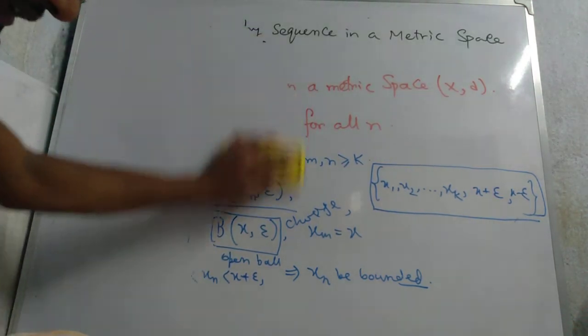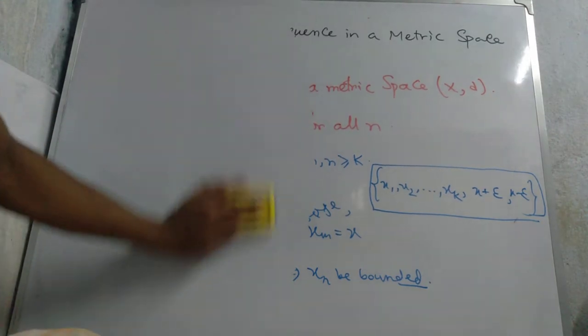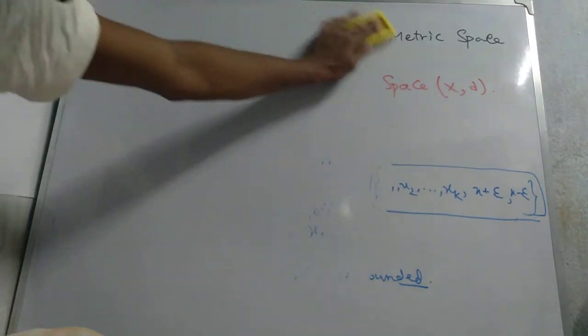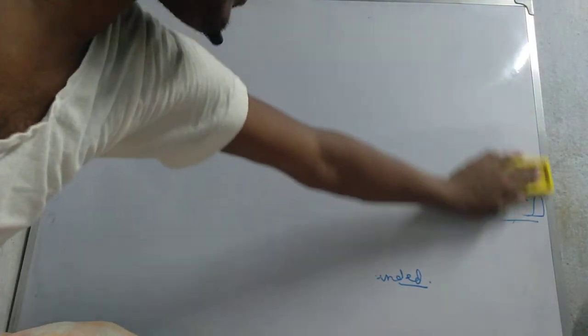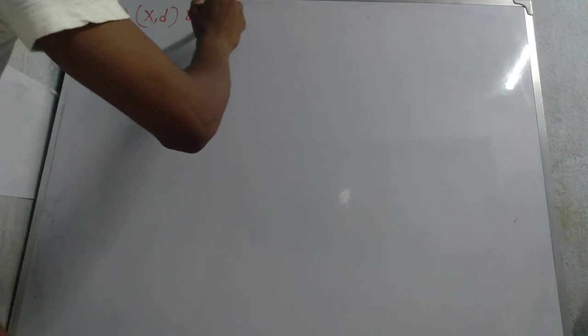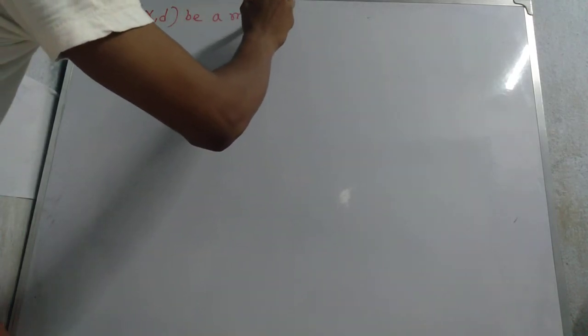A Cauchy sequence is convergent if and only if it has a convergent subsequence. Let (X, d) be a metric space.